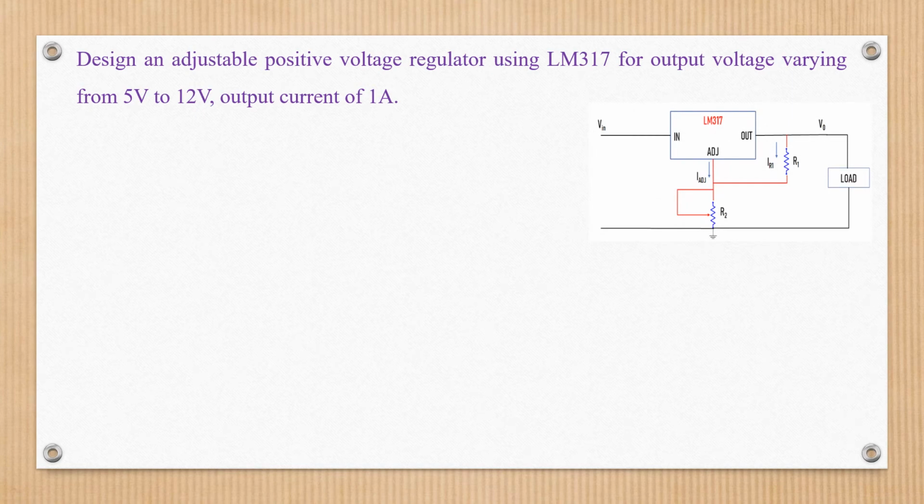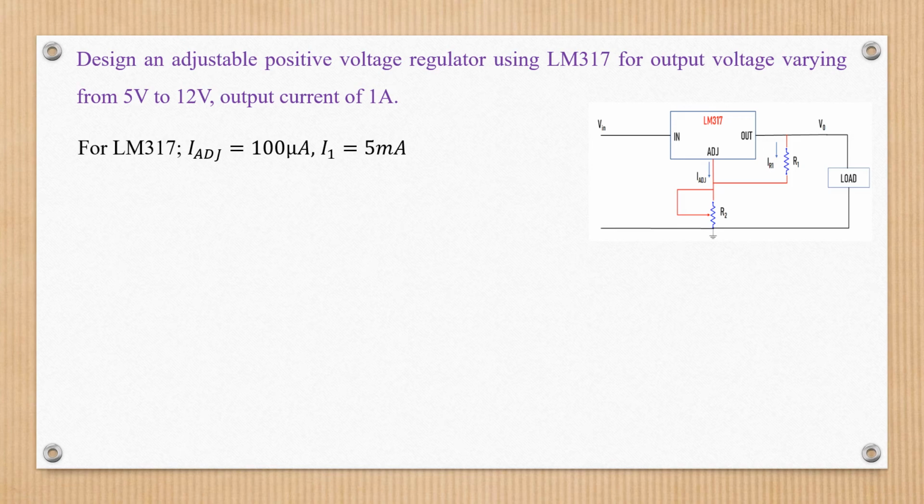Now since LM317 is used, we can take the adjustment current as 100 microampere, and current I1, which is IR1, we can consider as 5 milliamps. This is from the data sheet of LM317. The adjustment current is 100 microamp and I1 is equal to 5 milliampere.